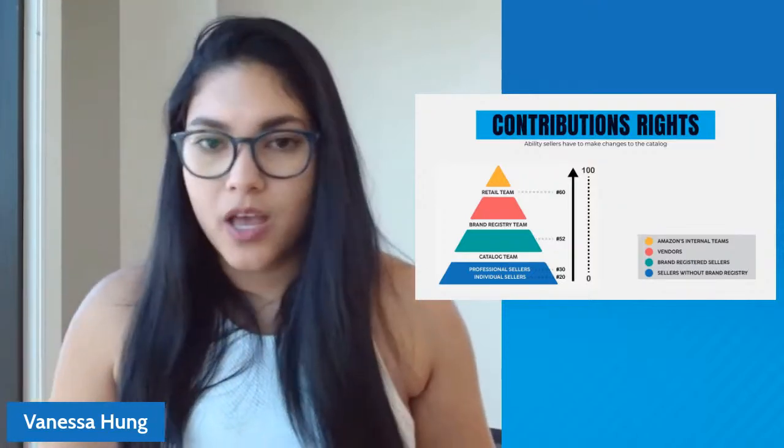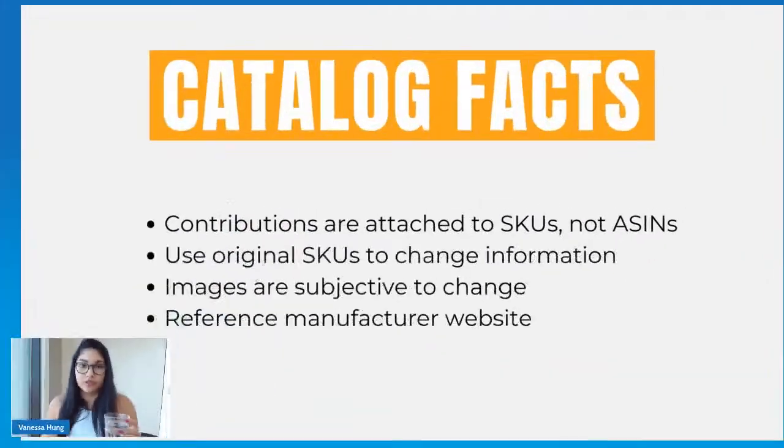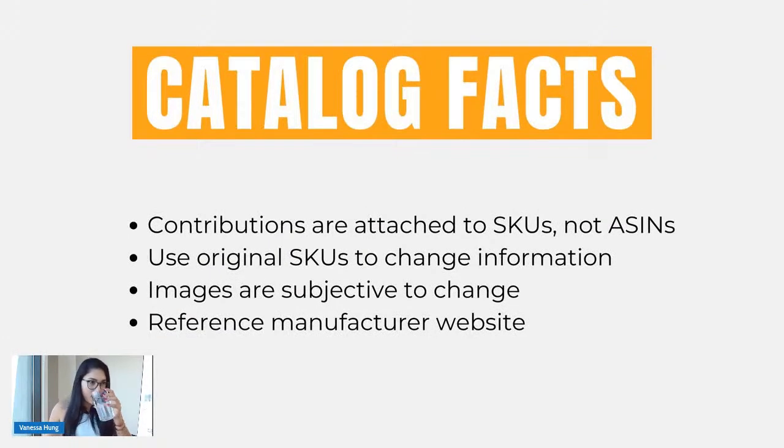Okay, so a few other considerations about catalog facts, and this is super important that we understand, guys. The contributions of a listing are attached to SKUs and not ASINs. Let me repeat that.